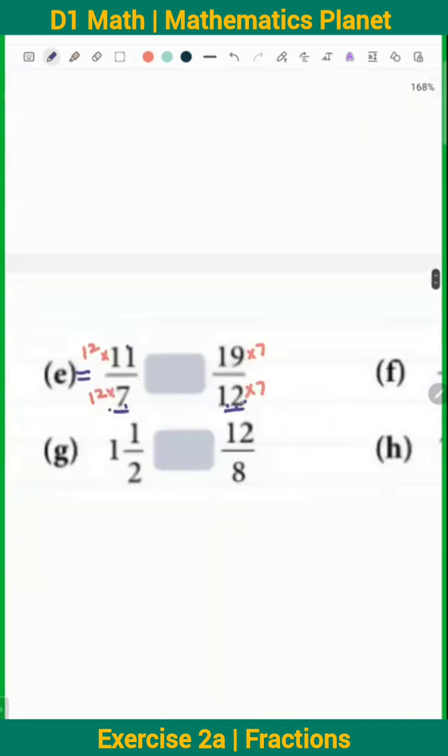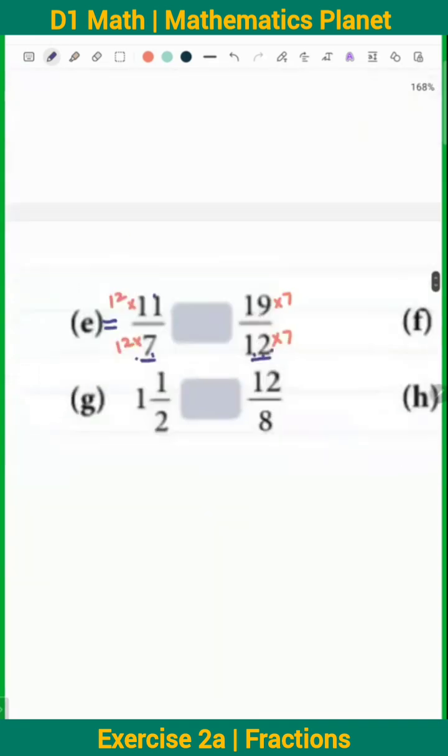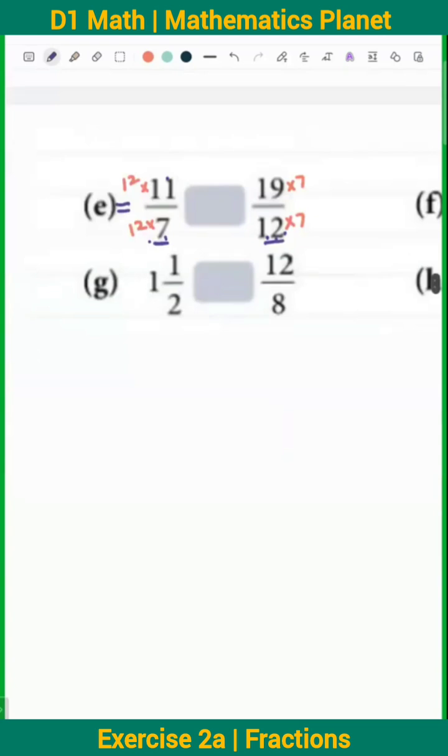Miss, 12 times 7 is 84 and 12 times 12 is 132. 11 times 12. So you get 132 and 133.